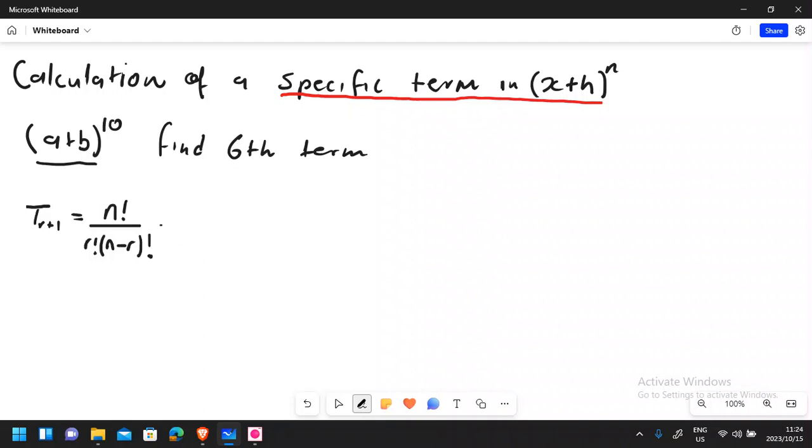And then from there we multiply by x to the power of n minus r, and then h to the power of r. So I need to explain what is r, what is n, and x and h. But basically, if you've been watching the binomial theorem expansion videos, you know what x and h stand for.